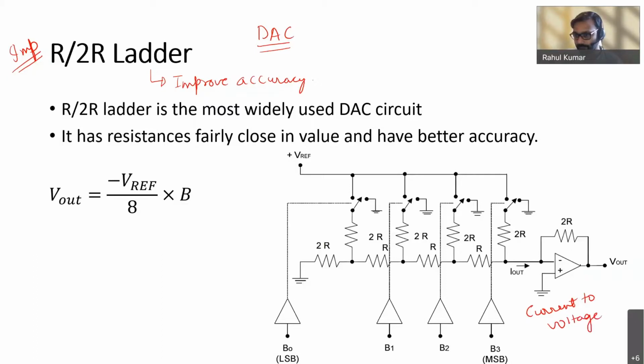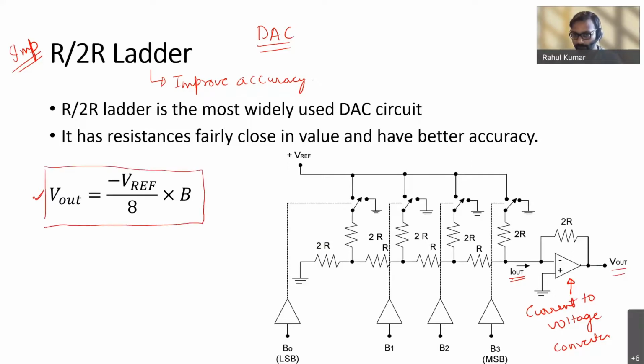Current to voltage converter, right? So it will convert this current to a corresponding output voltage. Okay, and the output voltage can be calculated by this formula.